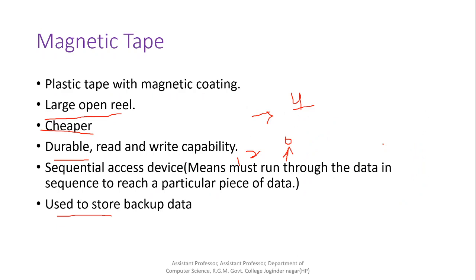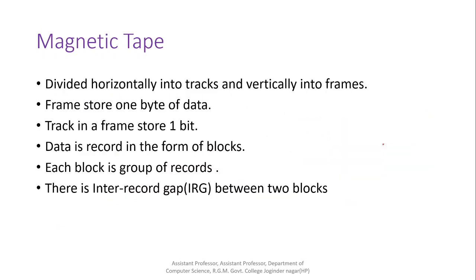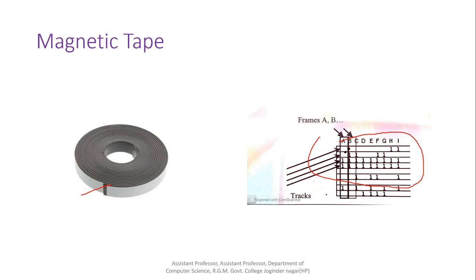So magnetic tape is divided vertically into frames, and these are tracks horizontally, and each frame stores a group of data.